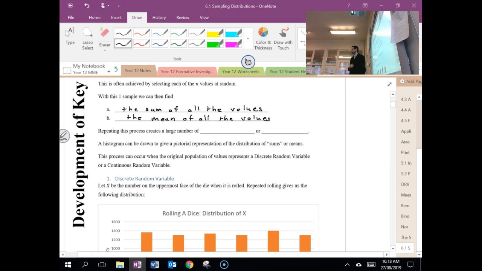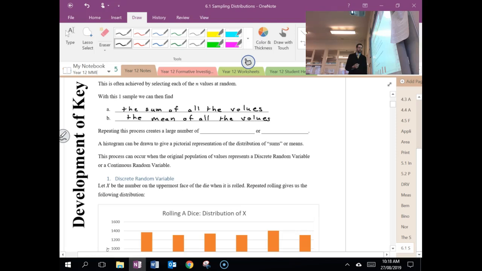But then instead of just getting one sample and finding its sum or its mean, I can actually get lots of samples from the population. In other words, I can get a sample, find the sum, find the mean, and then do it again. Get another, different sample, find the sum, find the mean. And I can go on and on and do that lots and lots of times.